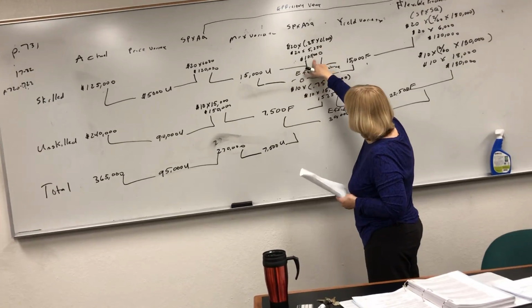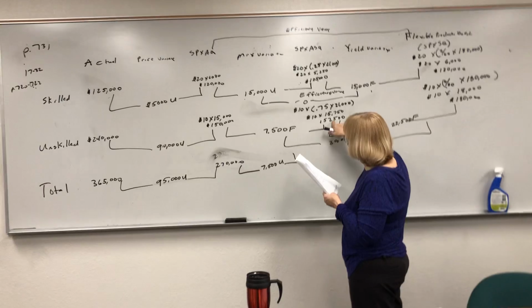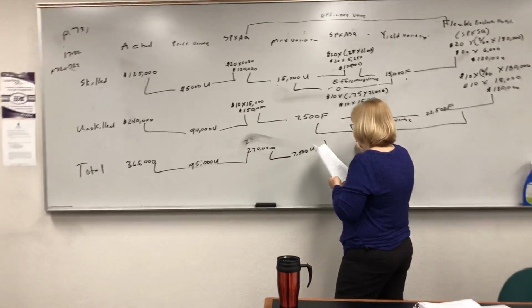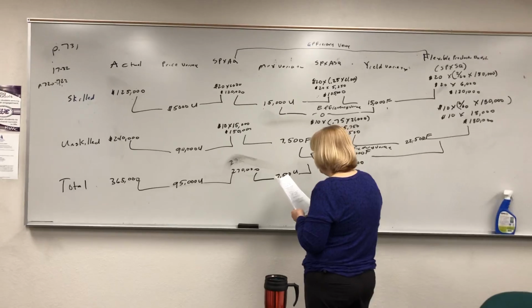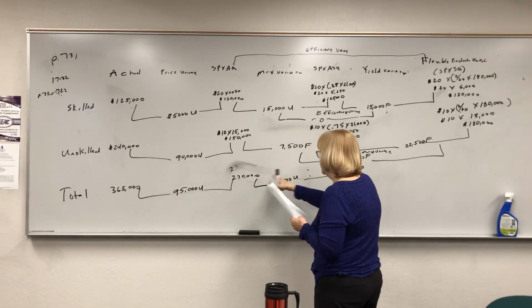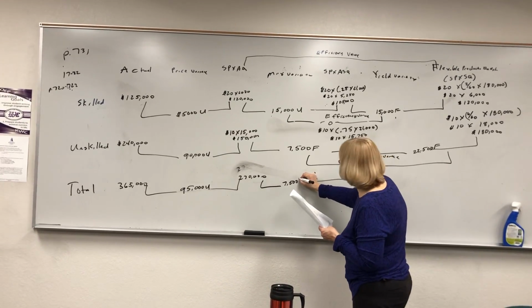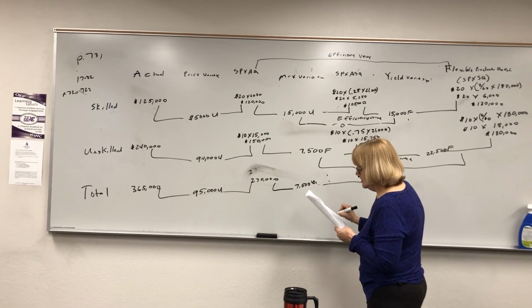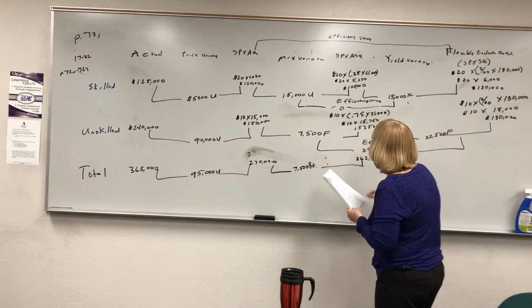You can also look up here, add your 105,000 and your 157,500, and you'll get 262,500, which the difference between that and your 270 minus that also gives you that unfavorable variance, you'll end up with 7,500.